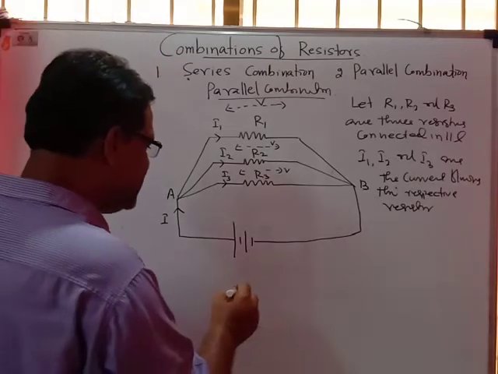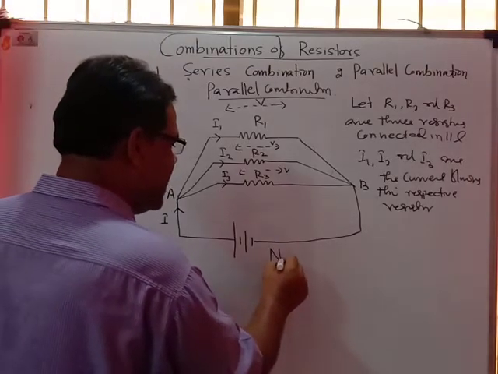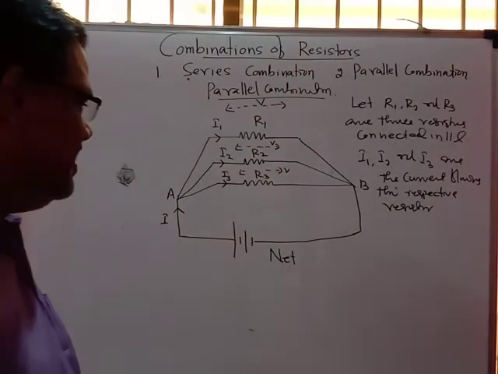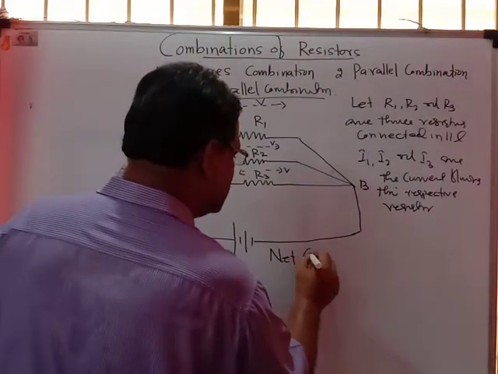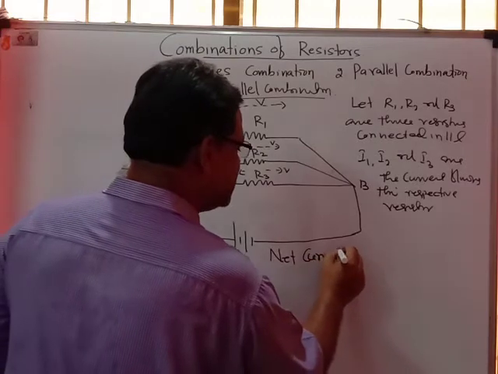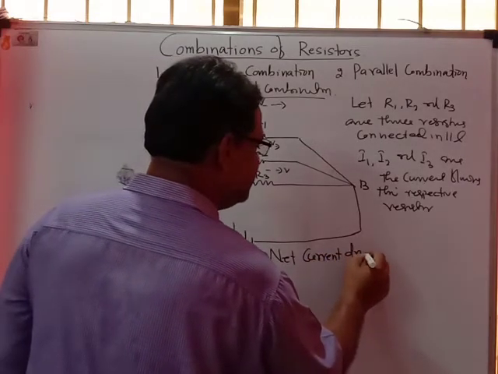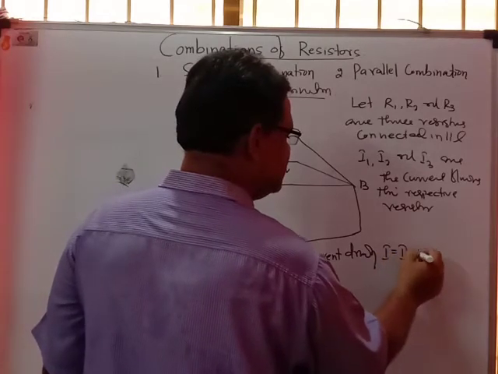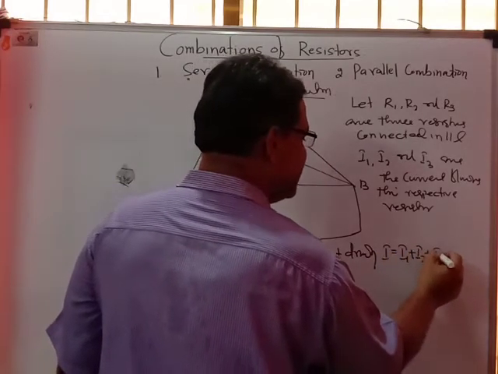So what will be the net current drawn? Because current is a scalar quantity, it is added algebraically. The net current drawn is I equal to I1 plus I2 plus I3.